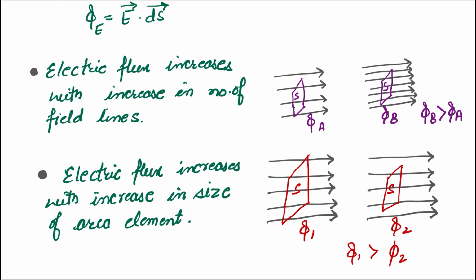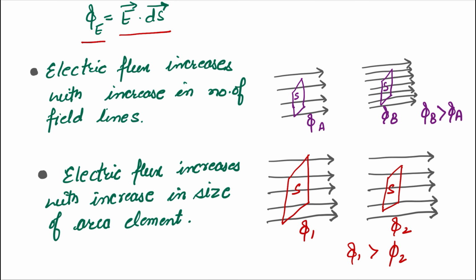Now let us discuss two important points regarding electric flux which will help you solve objective questions. The first thing, phi E is equal to E dot dS, which means phi has a direct dependence on E as well as dS. It means that if you increase the electric field, your phi E will increase.